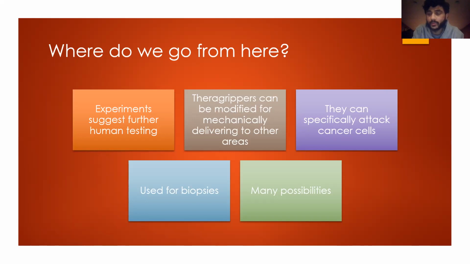Or what if we can get them to specifically target cancer cells and release chemotherapy just on cancer cells so that it only works on those cells and it doesn't poison all the other good cells? What if once they're excreted, we can somehow harvest the bad tissue for biopsies? There's a lot of possibilities.